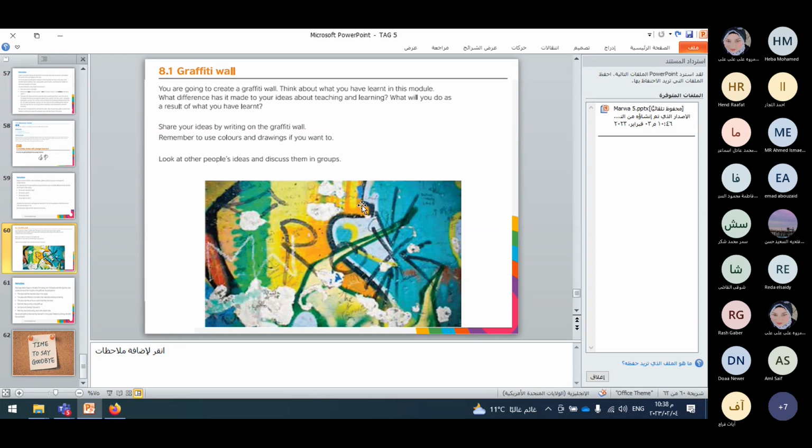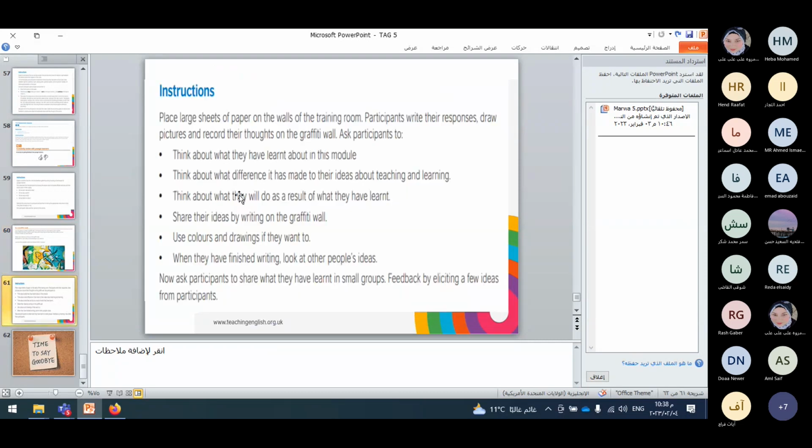I hang them on the walls of the classroom, or the place where we have the training, or even in the lesson with my students, and I ask them to draw the areas that they have acquired. They express their understanding of certain topics by drawing and using colors, and they show them on what is called a graffiti wall. So that's the activity, and here are the instructions, really clear as I've just told you.